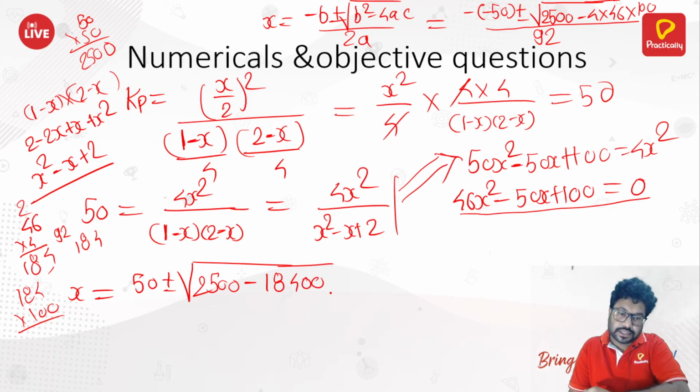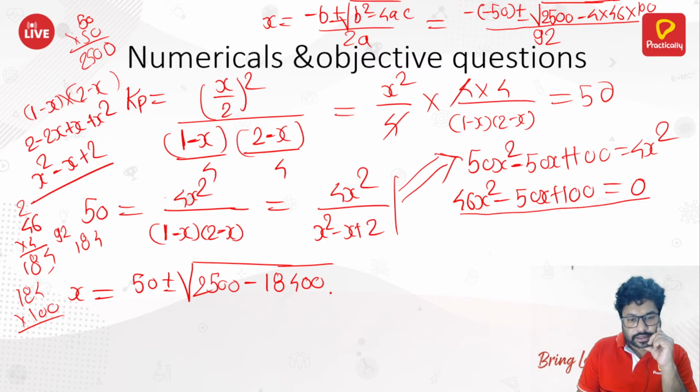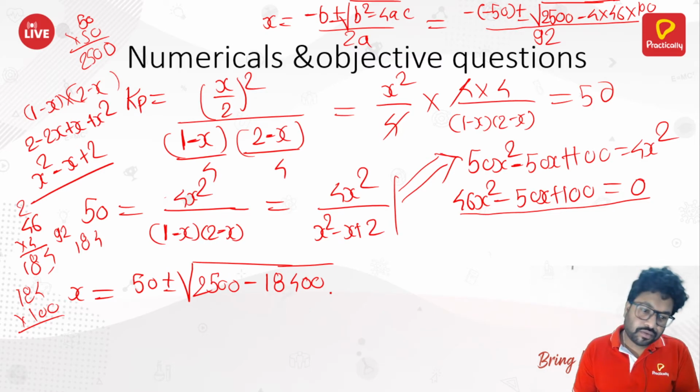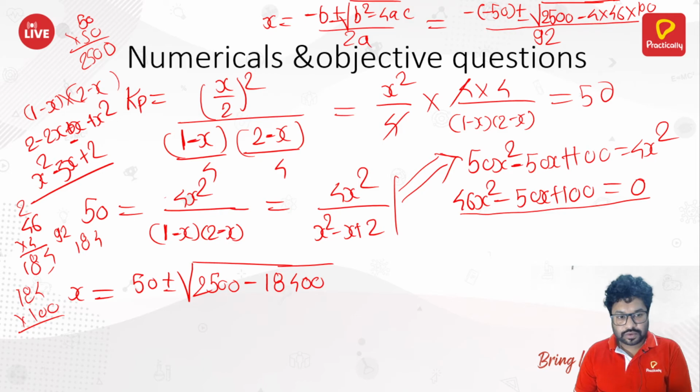Some something must be going wrong here, because if it goes like that, it will give you a negative value. So let's go here. When x multiplies this, you get the minus x here. So it's basically x square minus 3x plus 2.